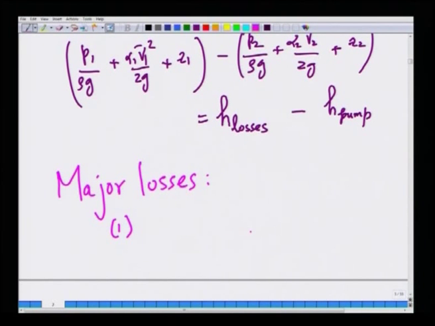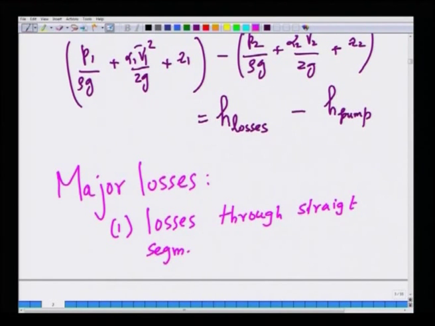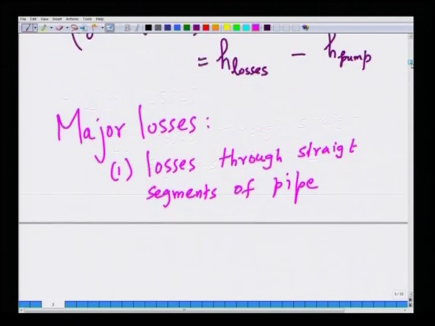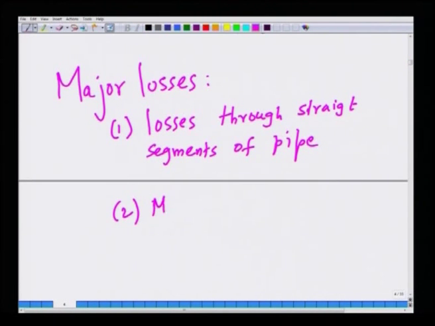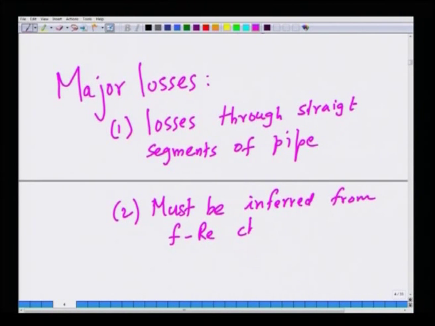So, major losses are losses through straight segments of pipes, and they must be inferred from friction factor charts.